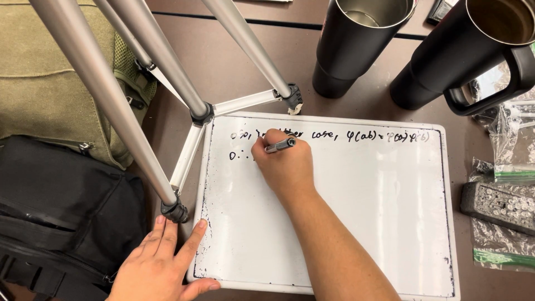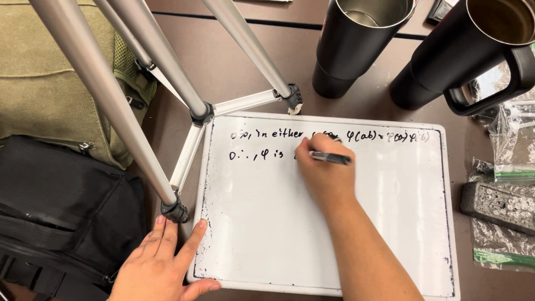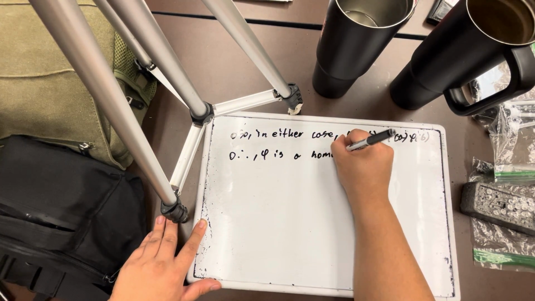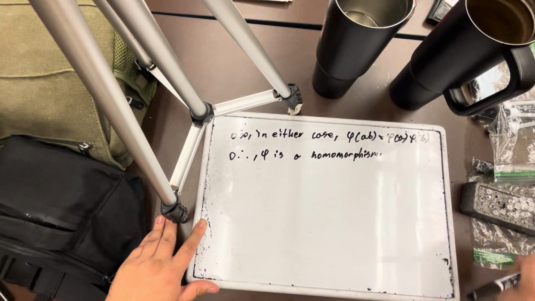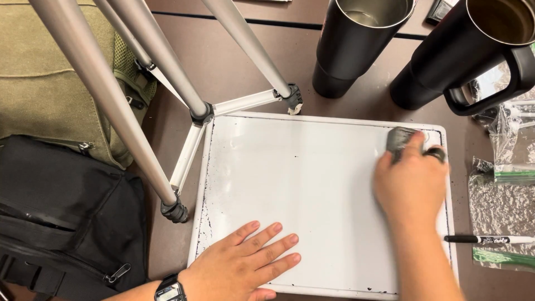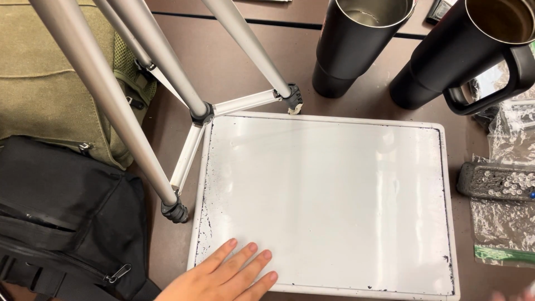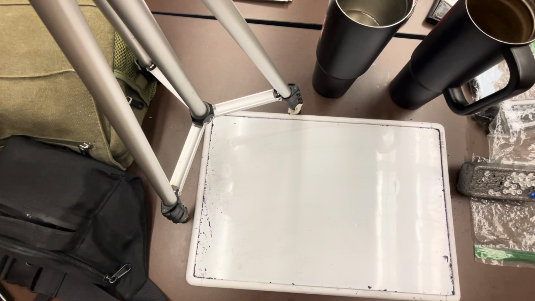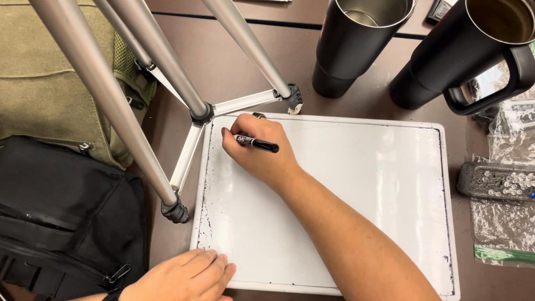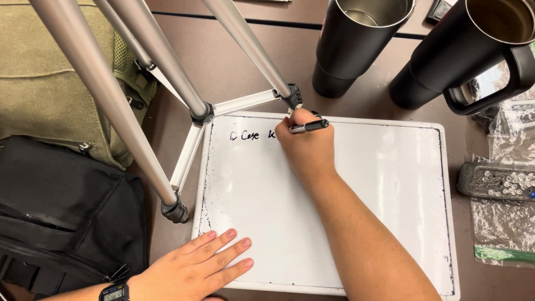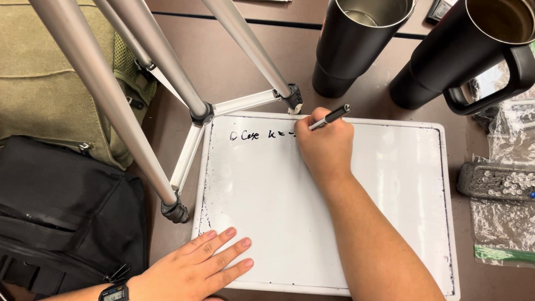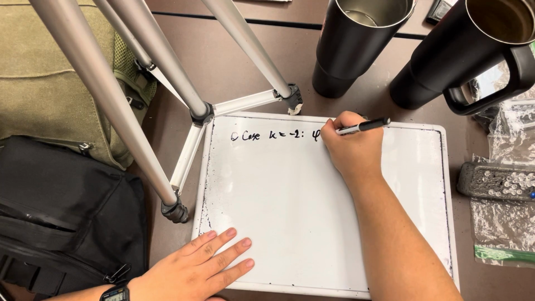Therefore, phi is a homomorphism. All right? Now let's go on to the next part, in which we'll look at the specific case in which k is equal to -1. In this case, we want to show phi is an automorphism.